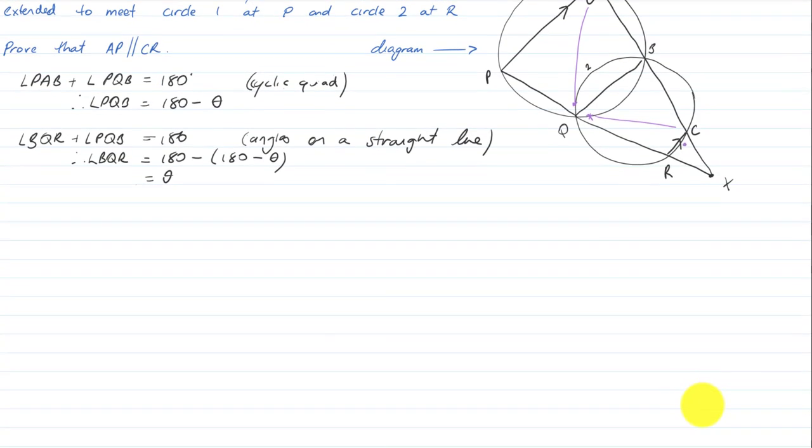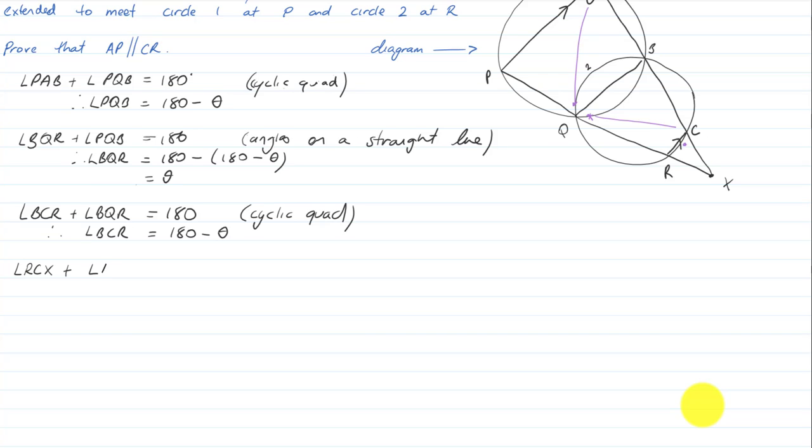And I know that angle BCR plus angle BQR is equal to 180. This is cyclic quadrilaterals. And therefore, angle BCR is equal to 180 minus theta. And I know that angle RCX plus angle BCR is equal to 180.